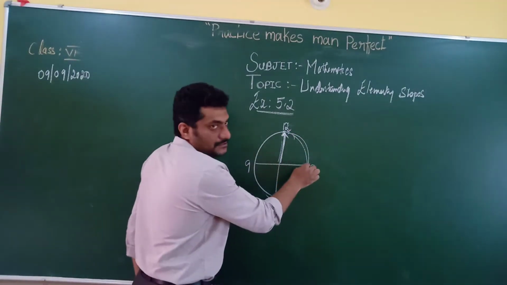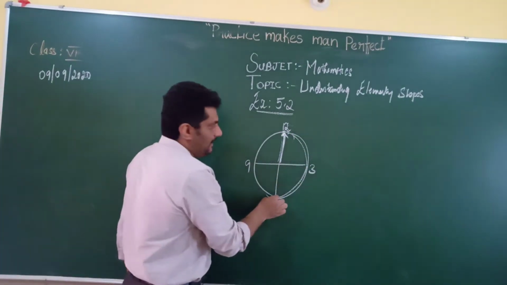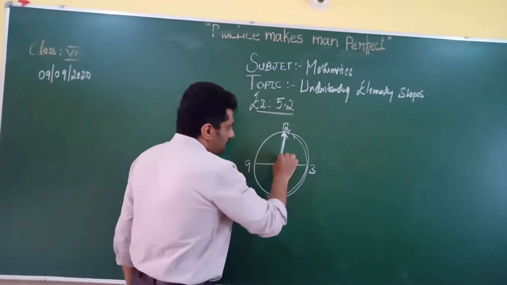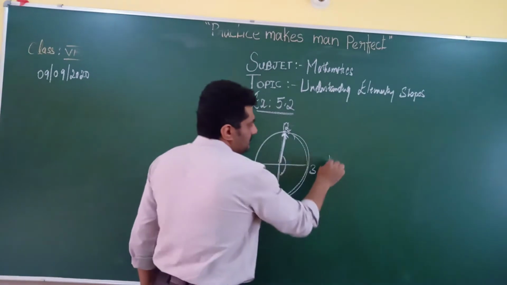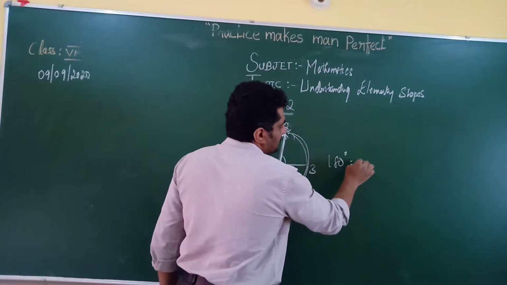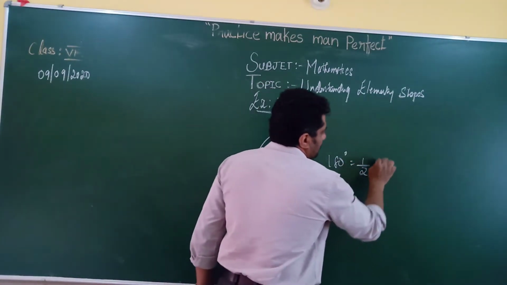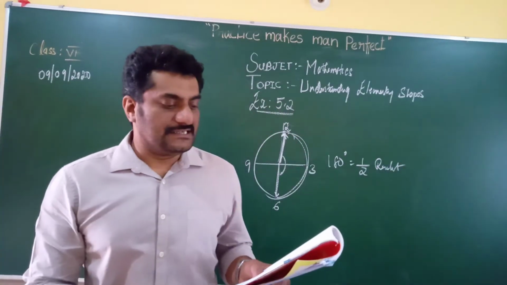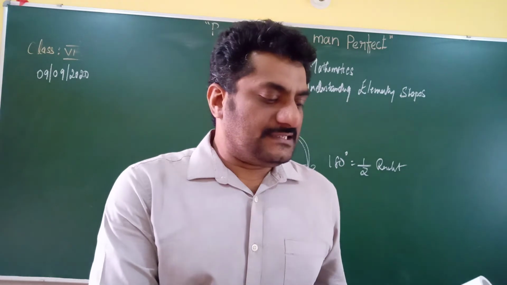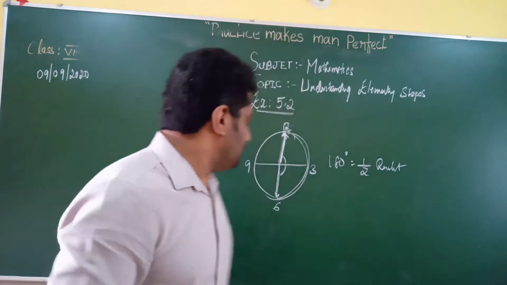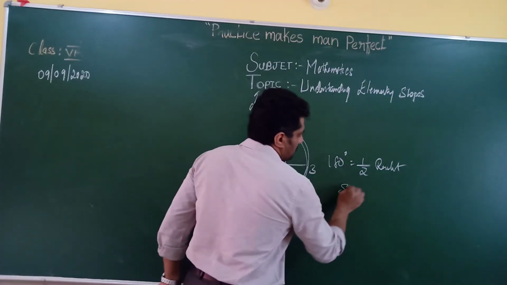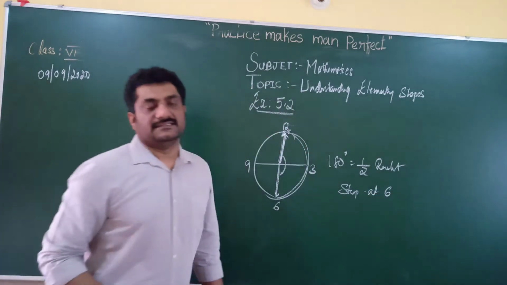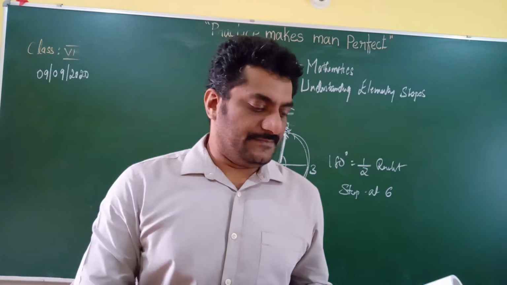This is a quarter and this is half. So this arrow will come here. This is 180 degrees, which is nothing but half a revolution. The question is, starts where it stops. So it stops at 6. This is the answer for the first one.